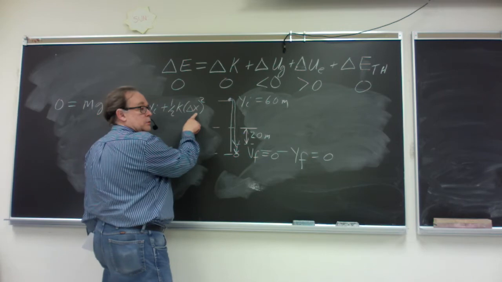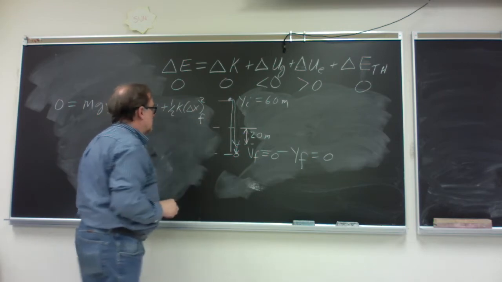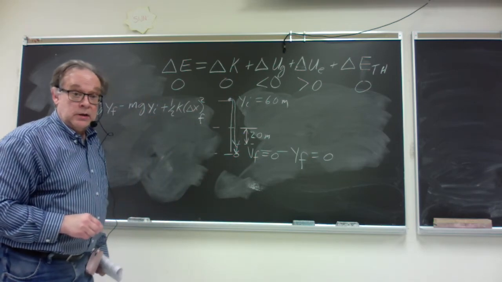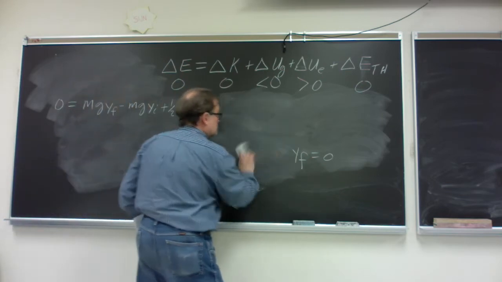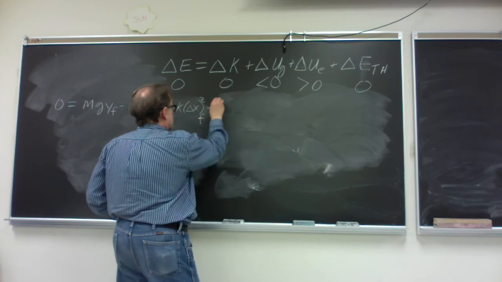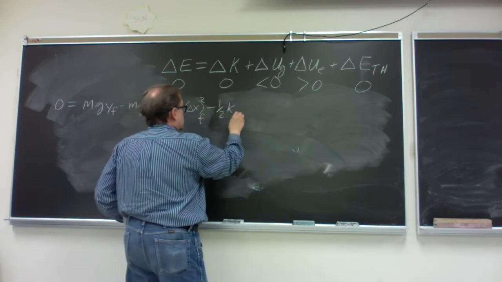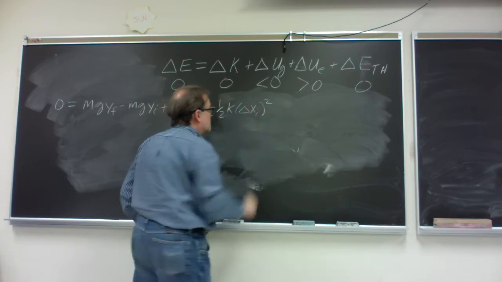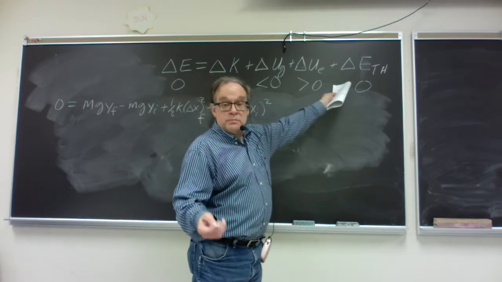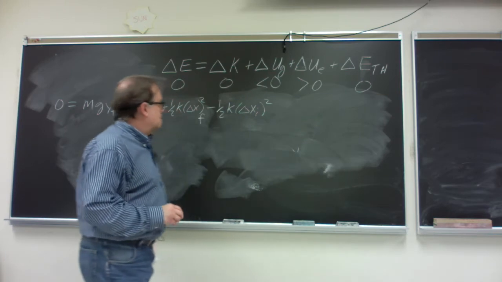So final displacement gives us the final elastic potential energy. And then initial elastic potential energy is 1/2 k initial displacement all squared. And then the last term is just 0, so don't need to write anything there.